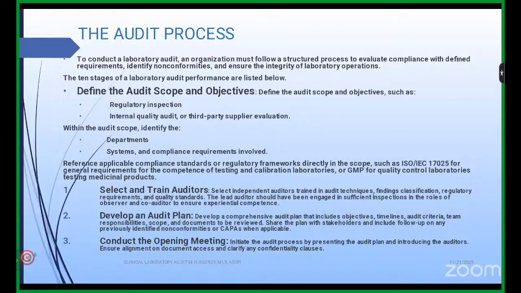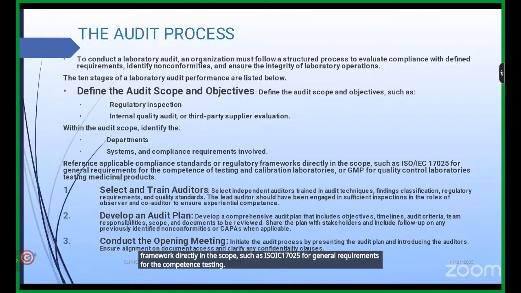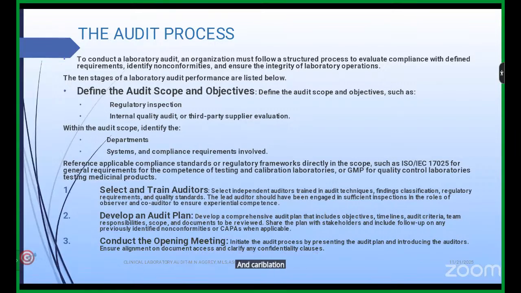Reference applicable compliance standards or regulatory framework directly in the scope, such as ISO IEC 17025 for general requirements for the competence of testing and calibration laboratories, or GMP for quality control laboratories for testing medicinal products. Is it for ISO 15189? So that scope will also define which kind of audit is being conducted.